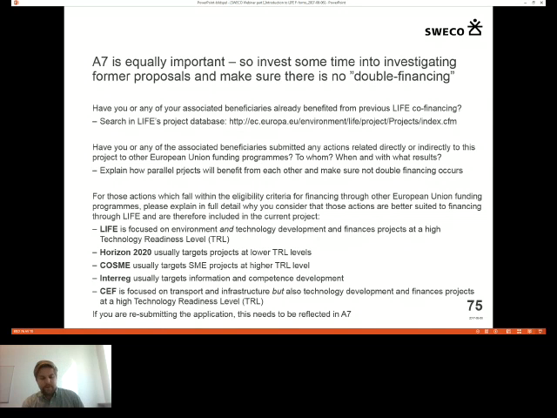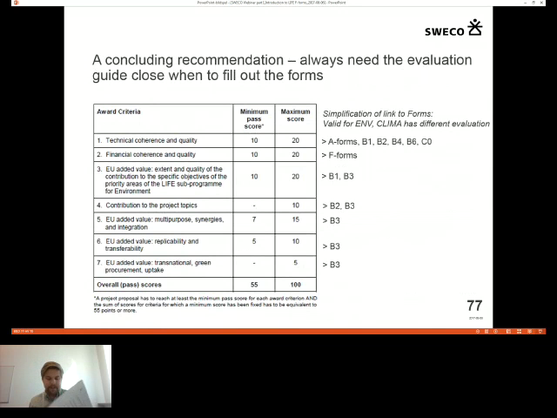Good. I think we are reaching the end, and we'll soon take up the questions. But I want to connect back to what we said in the first webinar in the beginning, that when you're writing your application, in particular the B forms, always keep the guides for applicants nearby, and especially the evaluation guide.